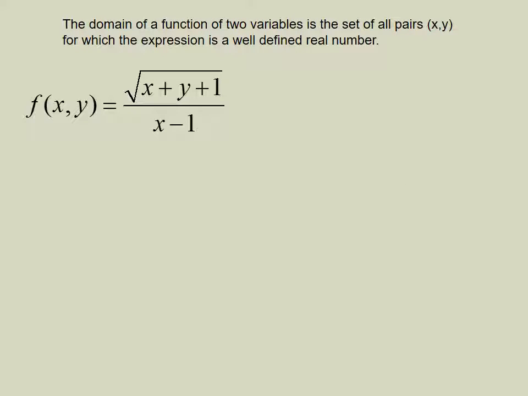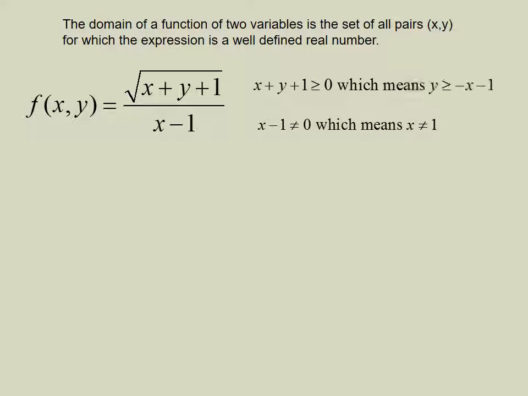And for functions of two variables, we want to do something similar. We want to look, for example, at the bottom of this fraction, and remember that x minus 1 cannot be 0. You can't be dividing by 0. That means x cannot be 1. Very similarly, in the top, the x plus y plus 1 has to be greater than or equal to 0.